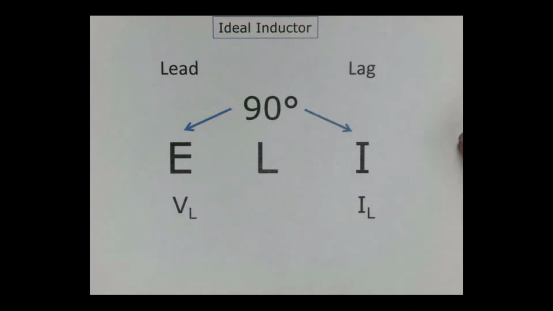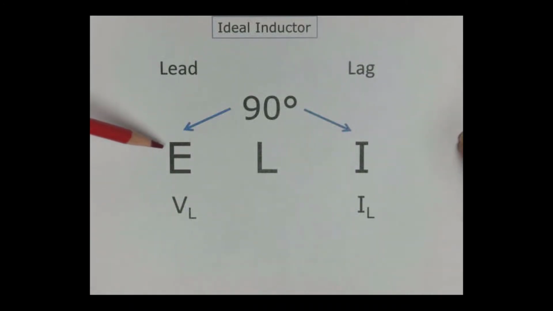Now let's look at what ELI tells us about an ideal inductor, and that's an inductor with negligible winding resistance. E, that's the voltage on the inductor, comes first. This tells you two important things.